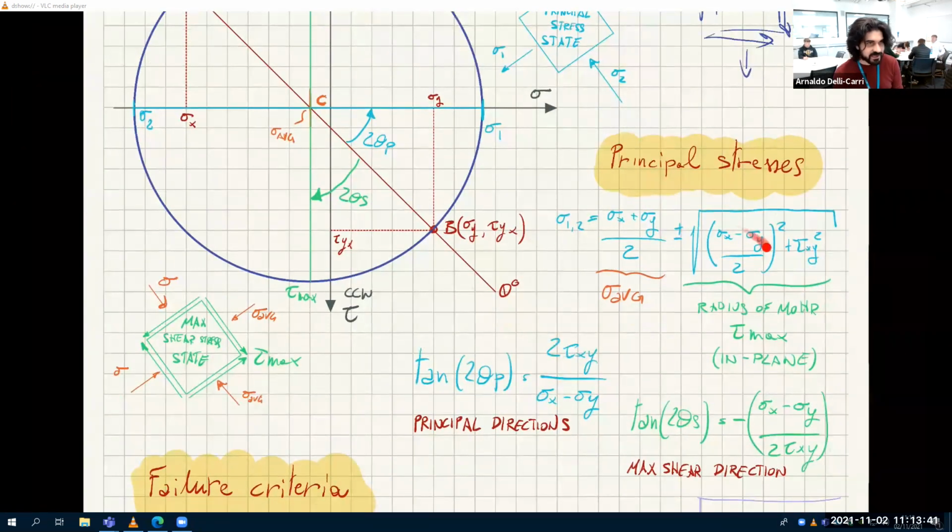But this thing is also something squared plus something squared under square root. So this looks to me very much like a triangle. This triangle here. You agree with me?